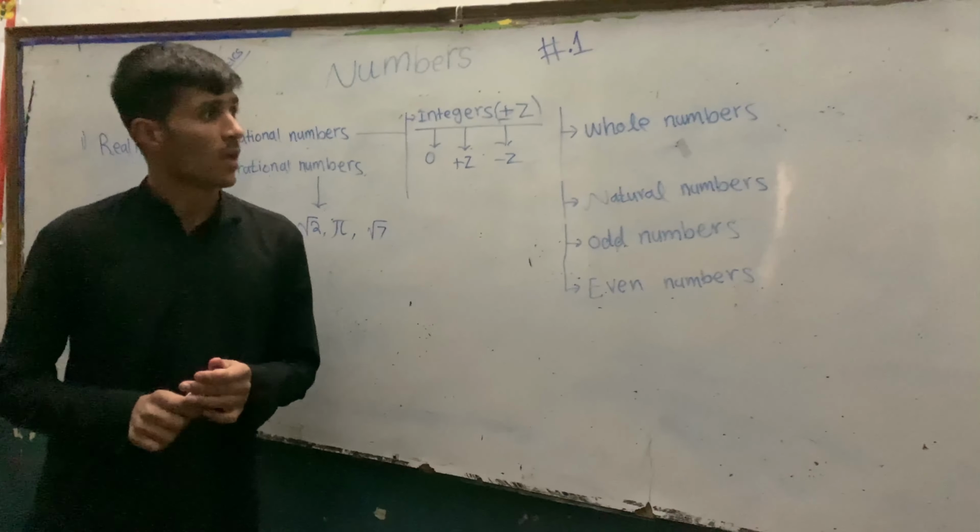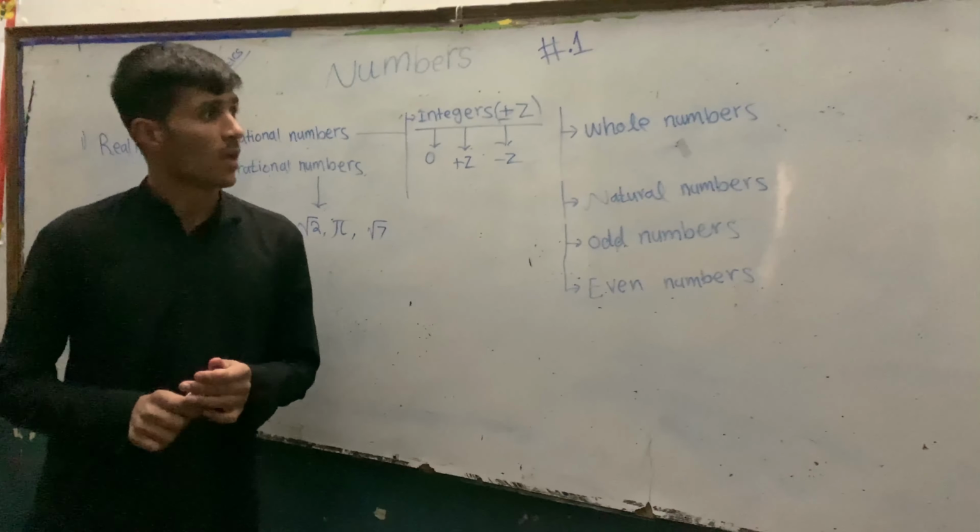Or I could write 40 over 2, which again equals 20. This is a rational number, because we can write it in the form of 40 over 2, where 40 is P and 2 is Q. Again, we get the number 20.